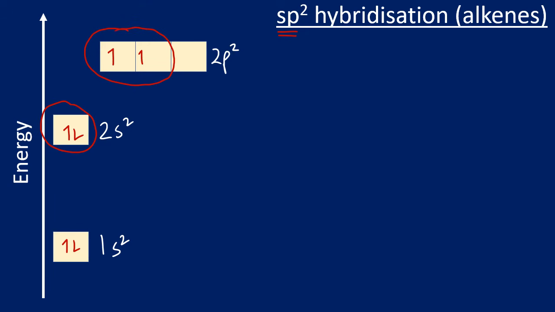So we only get the hybridization of 3 orbitals here. So hence sp2. It's 2 of the p orbitals and 1 of the s orbitals, sp2 hybridization. And that will look like this.